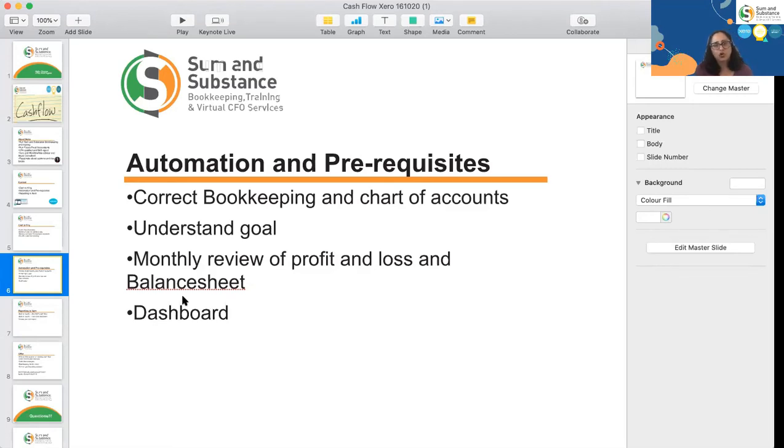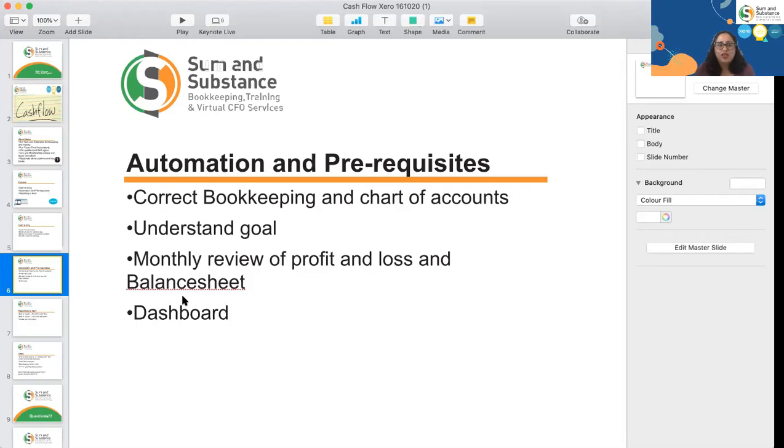So just making sure that things are getting allocated correctly to the correct chart of account and GST is really, really important. Again, we all know garbage in, garbage out. If we don't put the right information into our systems, the reporting we get is not going to be reliable, and we can end up making wrong decisions.